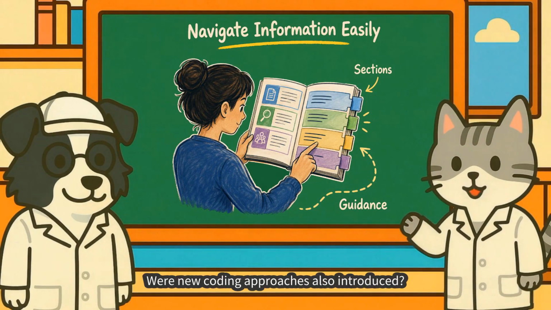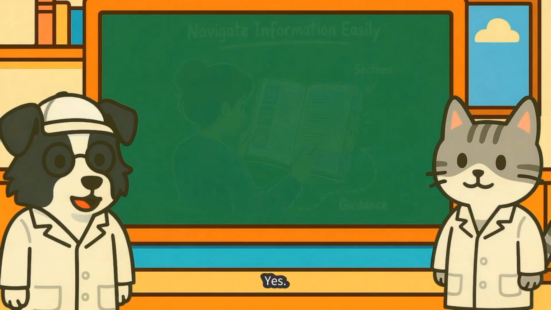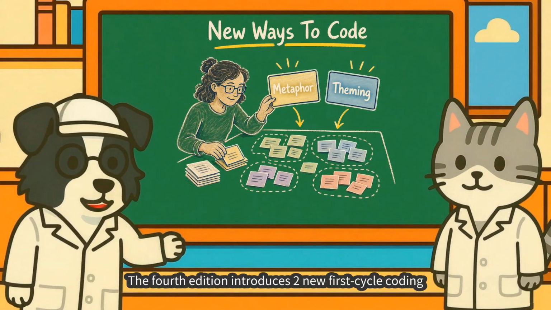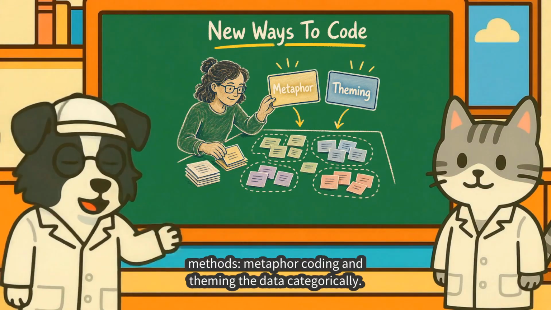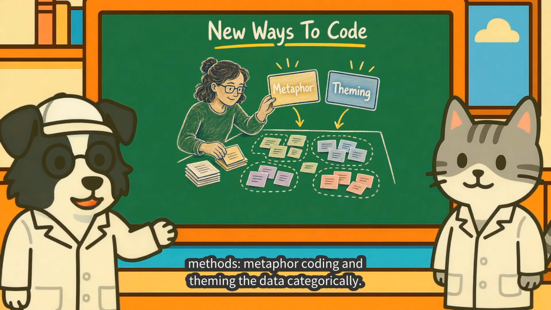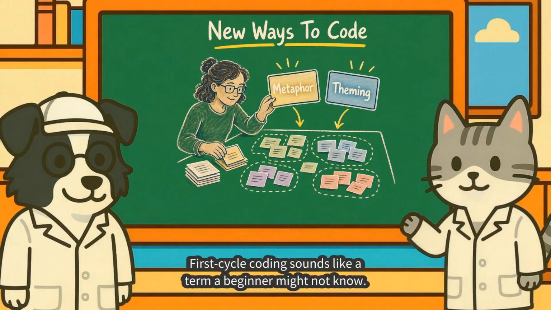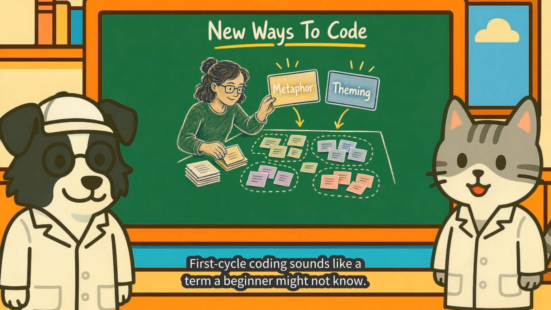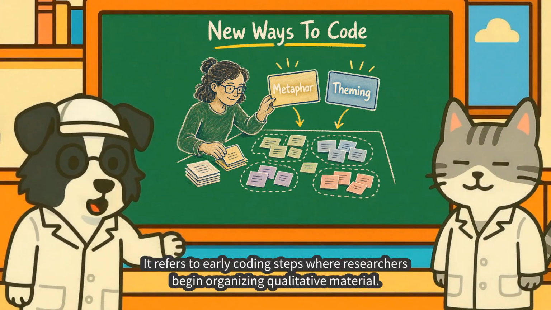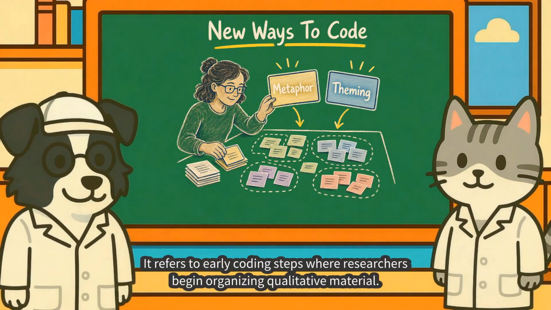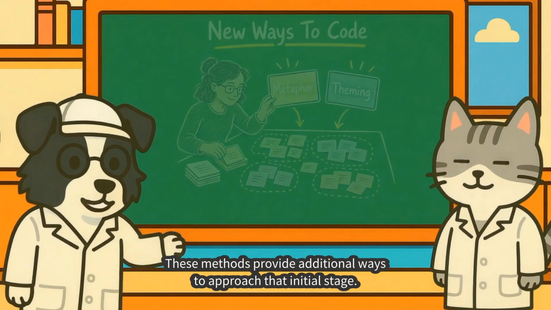Were new coding approaches also introduced? Yes. The 4th edition introduces 2 new first-cycle coding methods, metaphor coding and theming the data categorically. First-cycle coding sounds like a term a beginner might not know. What does it mean? It refers to early coding steps, where researchers begin organizing qualitative material.